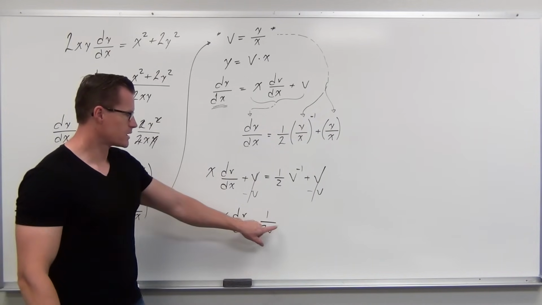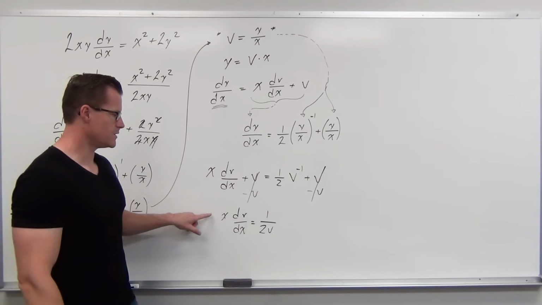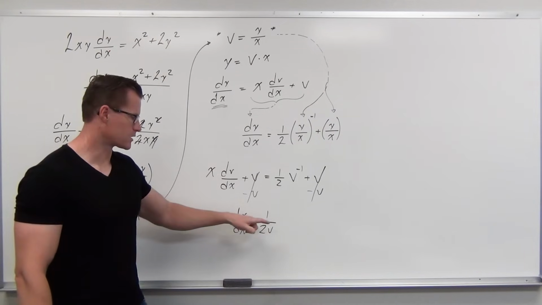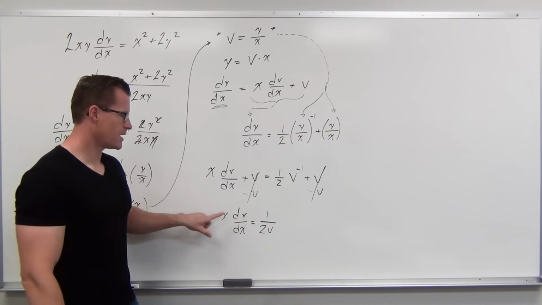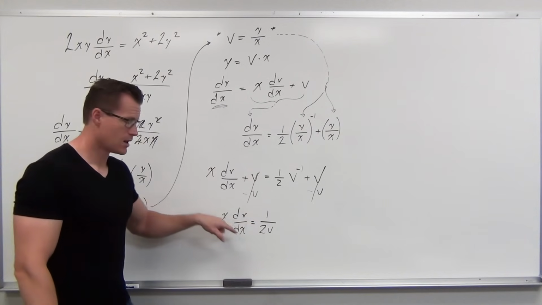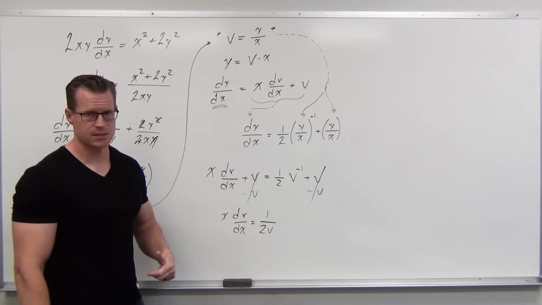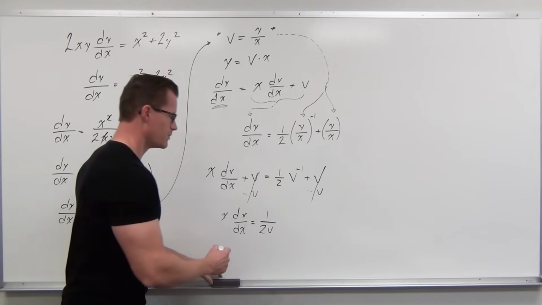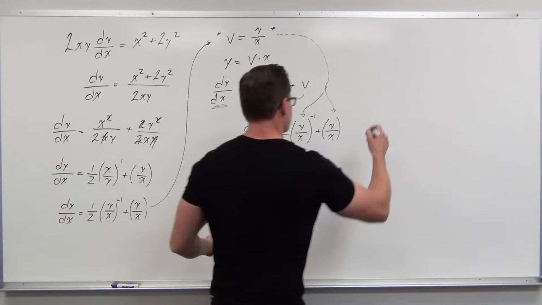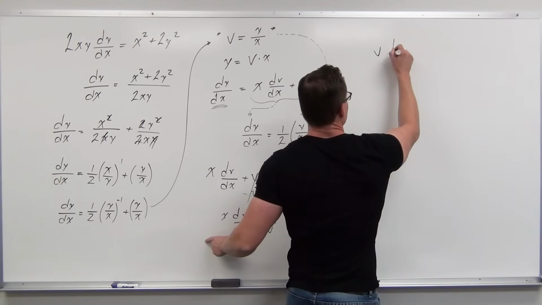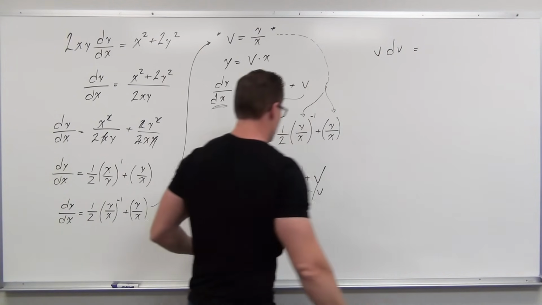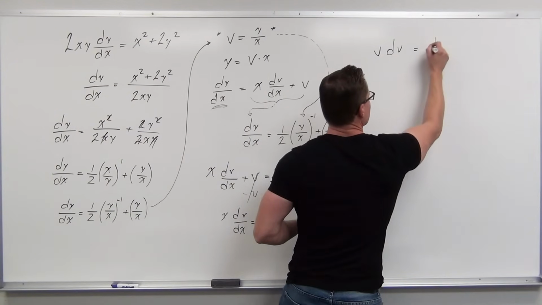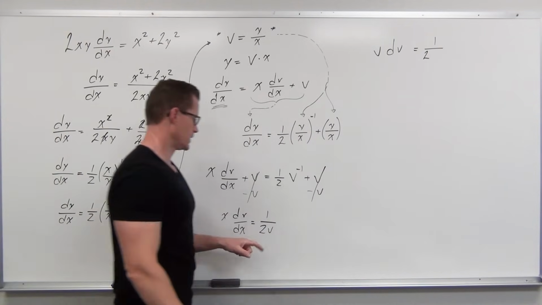Let's do that. So let's multiply both sides by 2v. I'm sorry, just v. Let's keep our constants on the x side like we talked about. So we'll multiply both sides by v. We'll leave the 1/2. We'll divide by x, and then multiply by dx. That sounds like a lot, but it's not all that bad. So if we multiply by v, we get v dv. If we keep the 1/2, we get the 1 over 2.